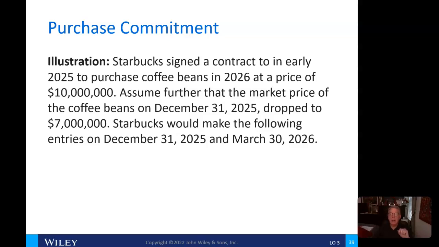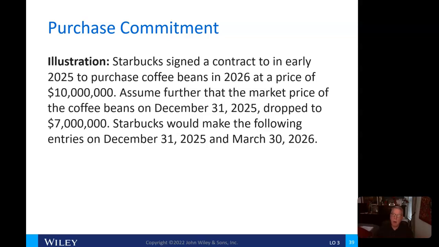Starbucks is going to sign a contract in early 2025 to purchase coffee beans in 2026 at a price of $10 million. Assume further that the market price of the coffee beans at December 31, 2025, dropped to $7 million.